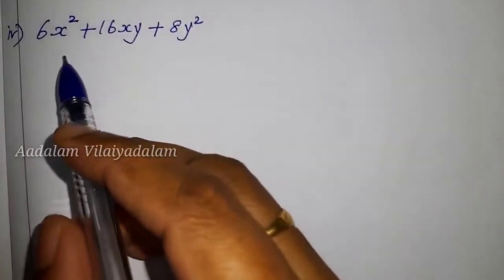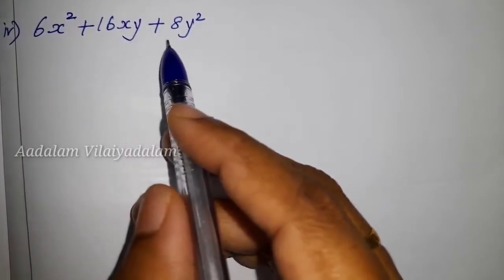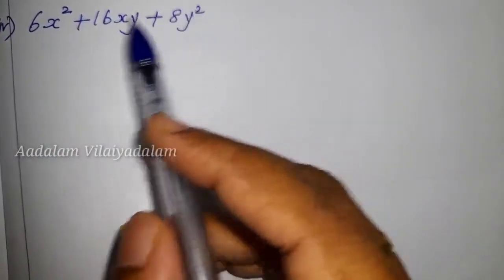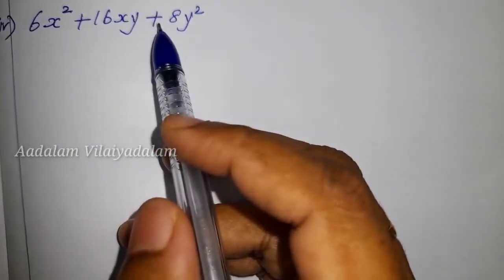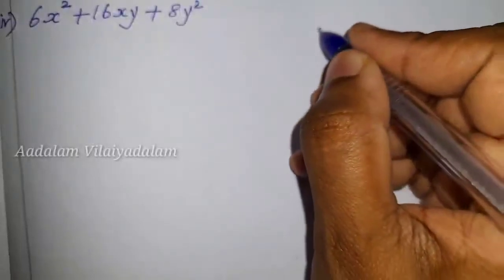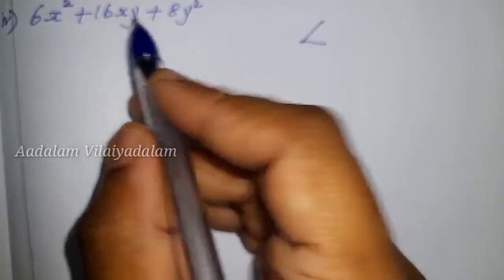Fourth question, 6x square plus 16xy plus 8y square. So here also two variables are there. So consider y as a constant. Here the coefficient of x is the sum of the factors. So the coefficient of x is 16y.